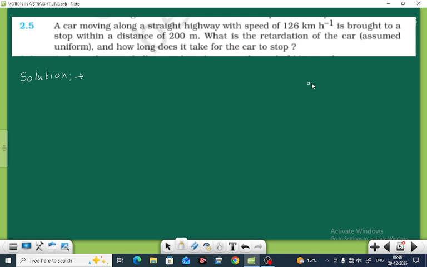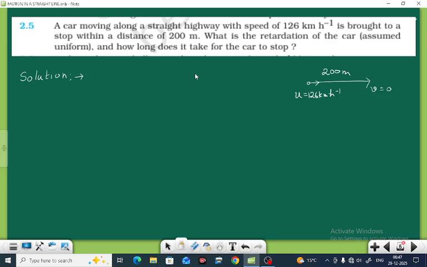Suppose a car is moving at this state, that initial velocity is given, that is 126 km per hour, and it travels a distance of 200 meter and stops. That means here the final velocity is 0, right? What is the retardation of the car, assumed uniform, and how long does it take for the car to stop?